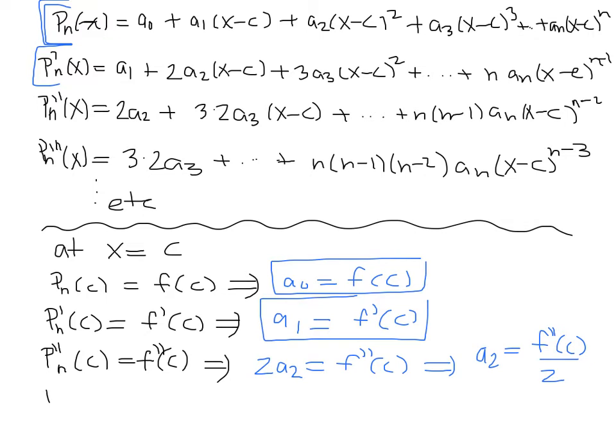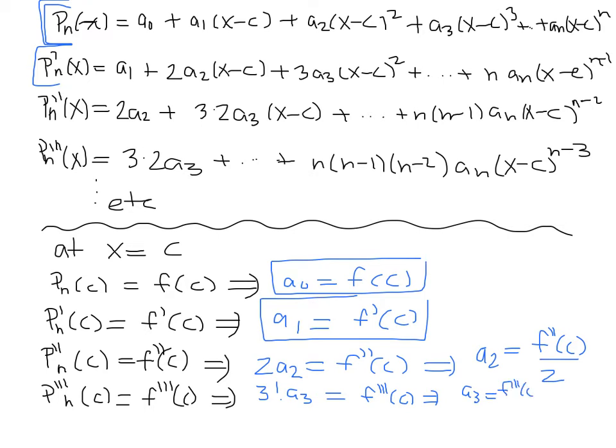And finally, just one more, the third derivative at c has to equal the third derivative of the function at c, which tells us that 2 times 3, or really 3 factorial a3, has to equal the third derivative of the function at c, or a3 will equal the third derivative at c divided by 3 factorial.